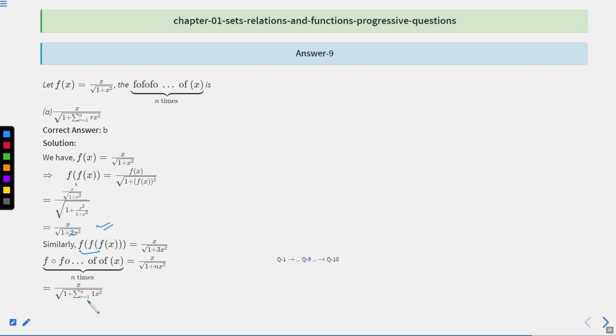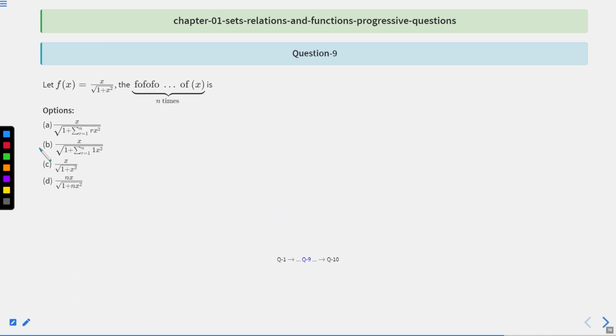So it is equal to x upon root over 1 plus summation of r equal to 1 to n of 1. The sum of 1, n times, is n, right? So we can write n as this one. Clear? So the final answer is this one. Option B should be the right choice.